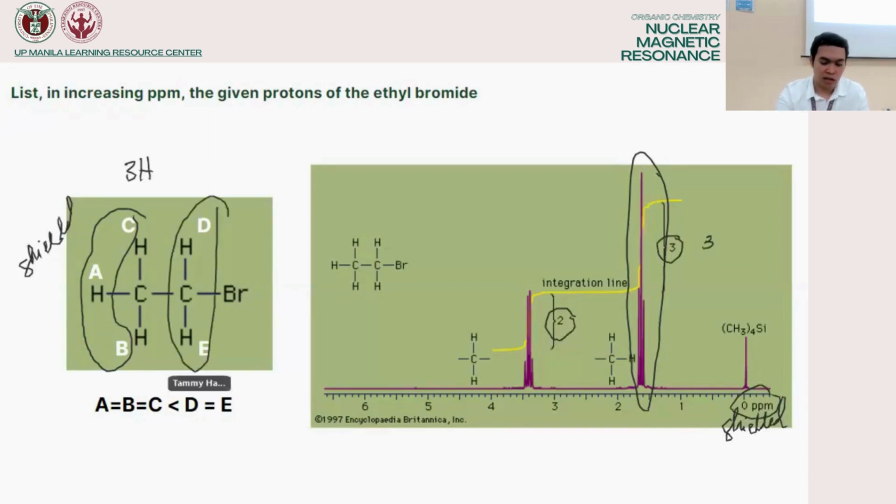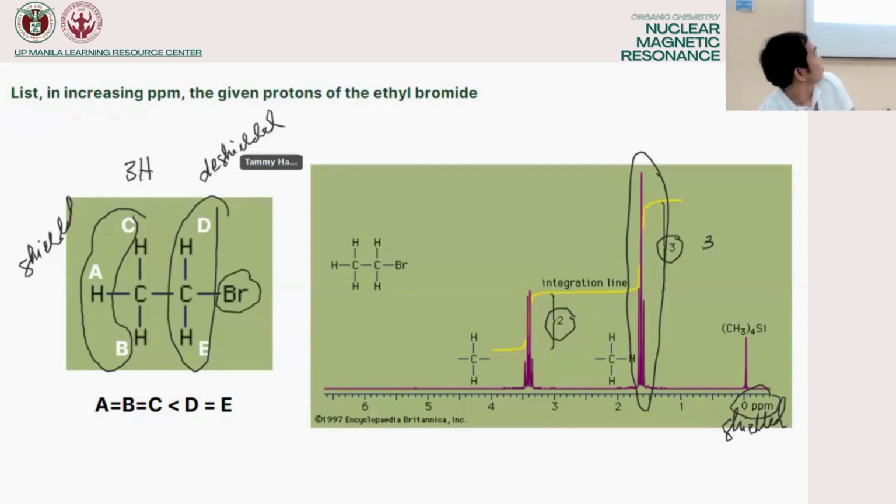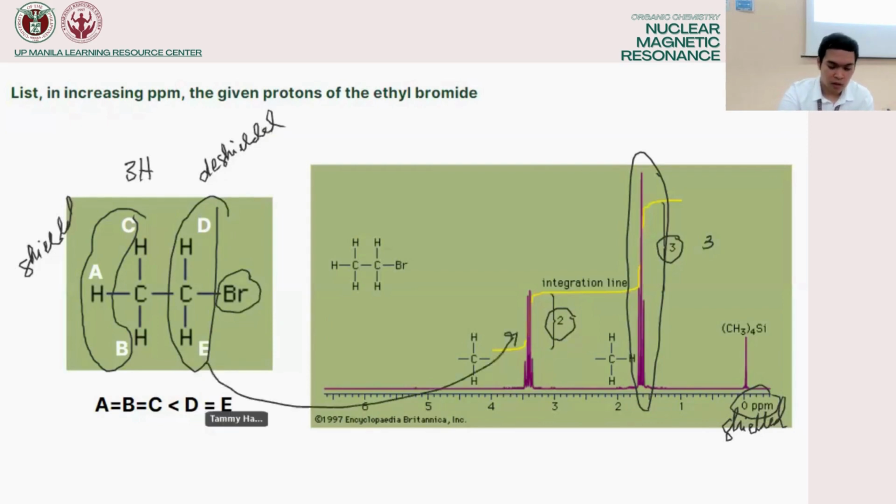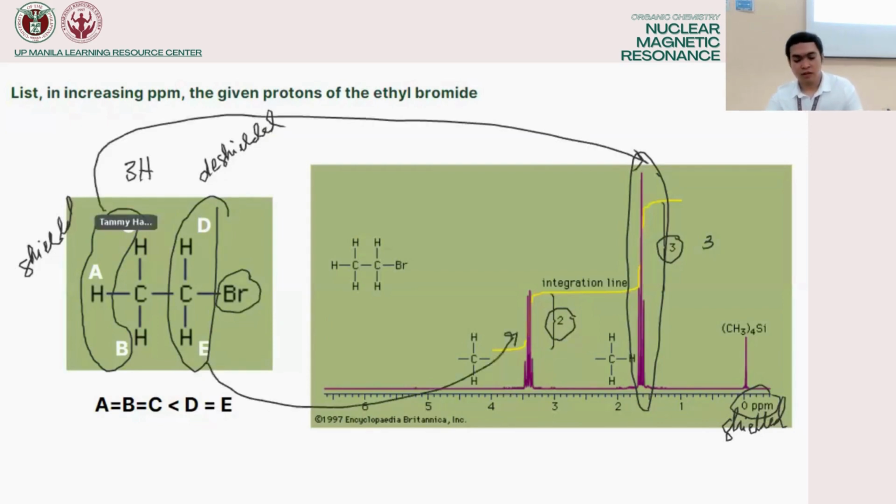These two are nearer your bromine, hence they are more deshielded. Kaya ito sila, and ito sila. So, naintindihan yung shift? Naintindihan kung bakit yan ang sagot? Yung numbers ito, integration value to. Later we'll discuss ano yung integration value.